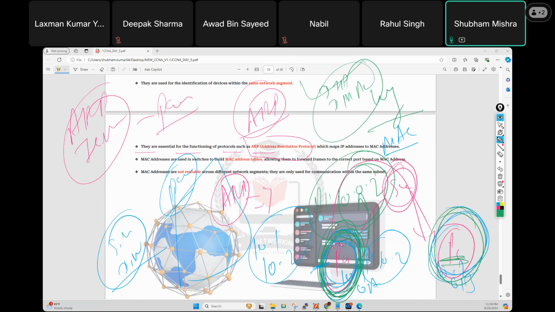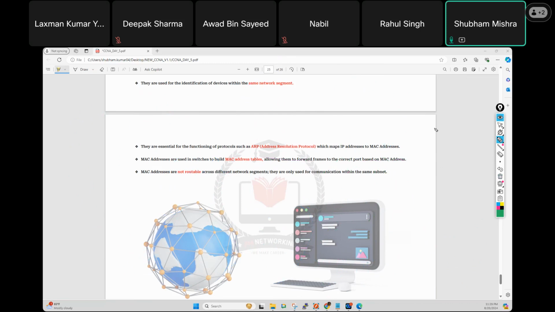Are we telling the MAC address? No, we are not. And because the size of a MAC address is 48 bits, it is not possible to remember the MAC address. So that's the reason we have the concept of ARP. ARP is used to find out the destination device's MAC address. Getting my point, everyone?